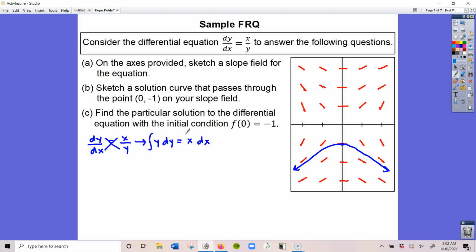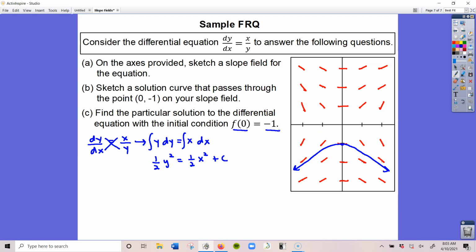Now we integrate. This gives me 1/2 y squared is equal to 1/2 x squared plus c. Before trying to solve for y, I'm going to solve for c first.